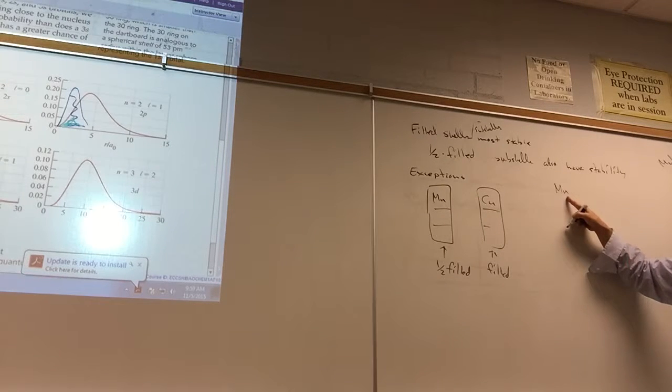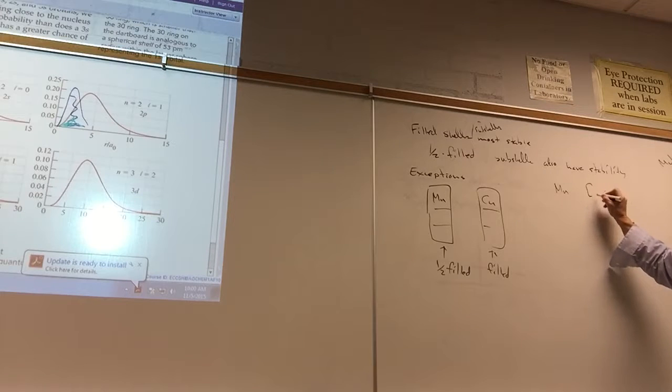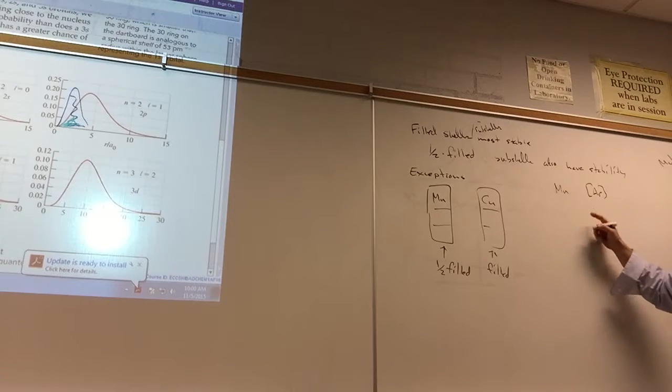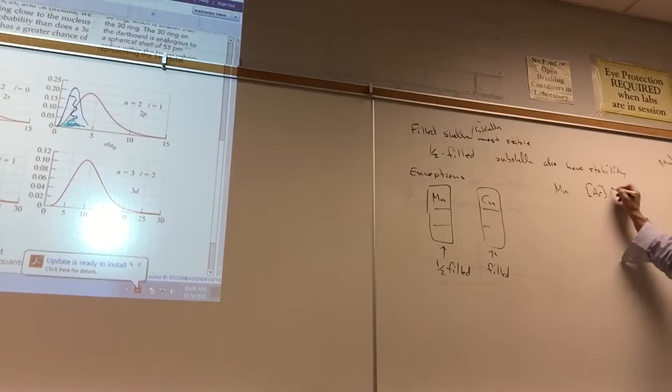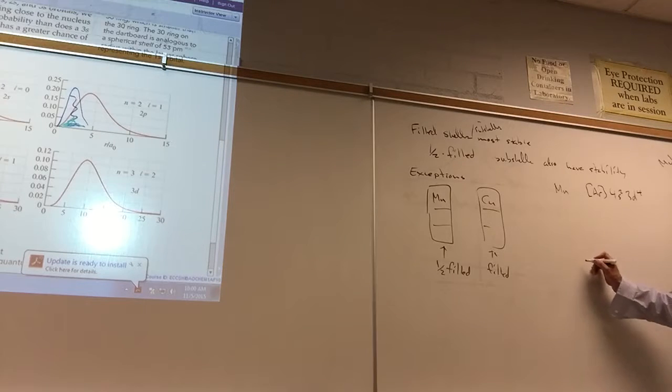With manganese, the electron configuration that we expect is argon, that whole core, up to 4s2, 3d4. And so when we look at it, I'm not going to draw the whole energy level diagram.